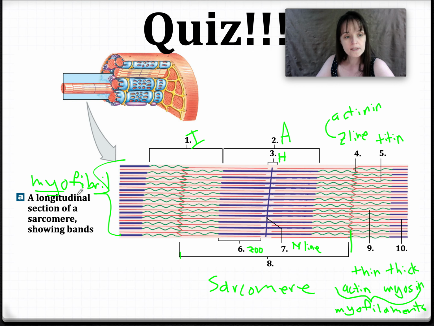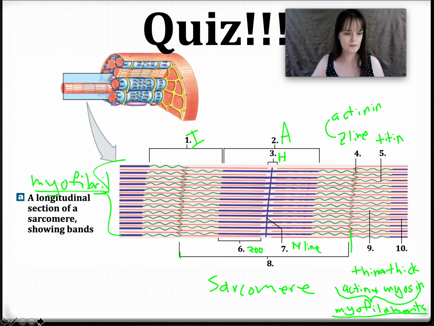So be careful with this myofibril versus myofilaments. They look alike, they both start with MYOF, and it gets a little confusing at times. But the myofibril is all the sarcomeres stacked up, and the myofilaments is the group term for the thick and thin filaments, the actin and myosin together.